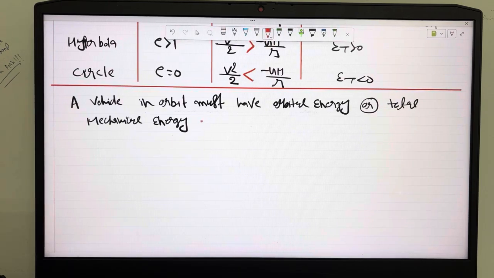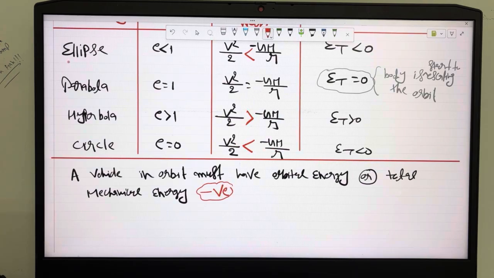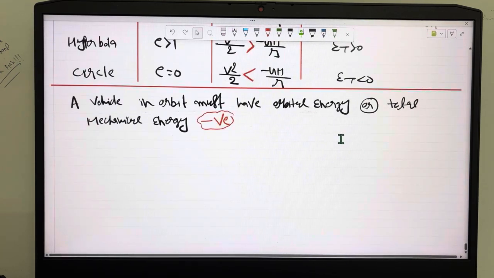I'm writing it with negative. If the total energy is negative, then you have to stay in the orbit, whether it is an elliptic orbit or a circular orbit, it does not matter. Fine. Then now write another one. This is bullet 1, this is bullet 2.